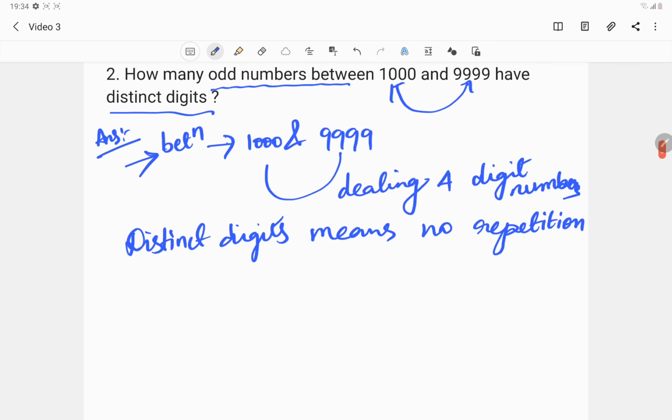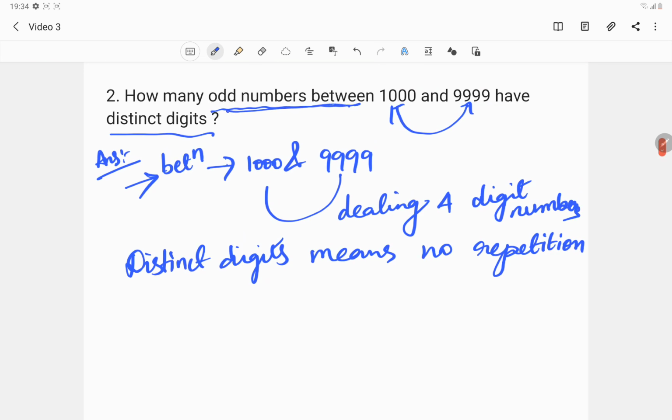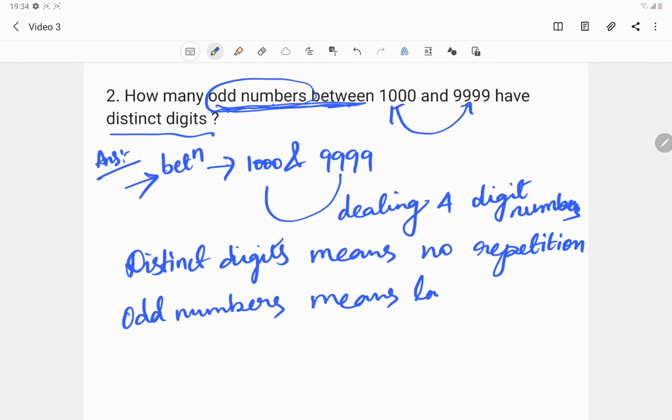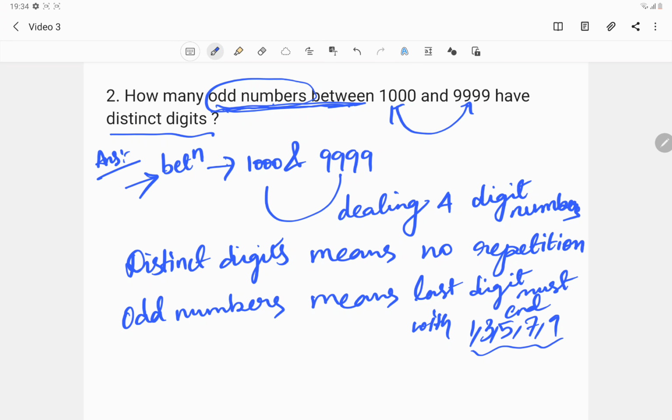Moreover, we are dealing with odd numbers. Odd numbers means the last digit must be 1, 3, 5, 7 or 9. So there will be 5 choices for the last digit.